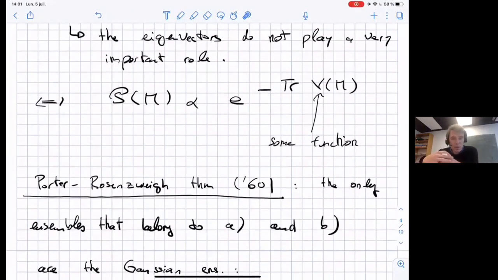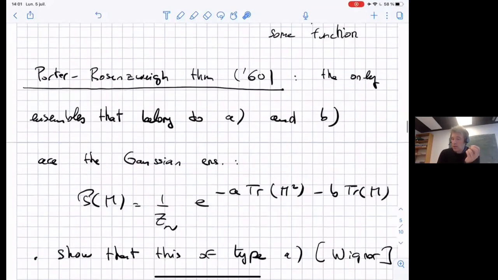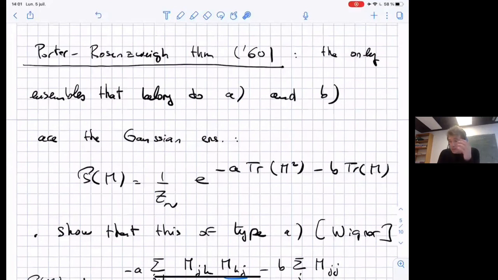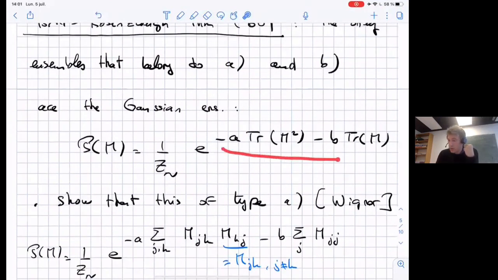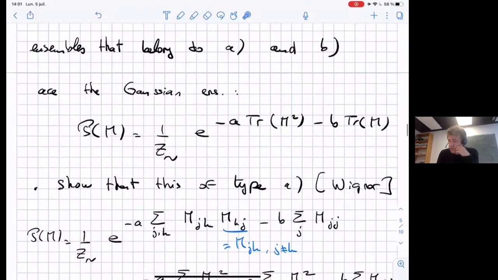Now, you can ask: what is the intersection, if any, between these two sets of random matrices? The answer is that the only intersection consists of these Gaussian matrices, which are of that form. It's clear that they are rotationally invariant, because the trace of M squared will not change under a similarity transformation, since the trace is invariant under such transformation.